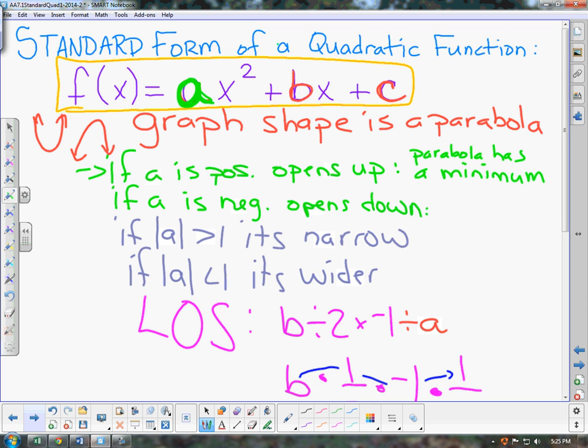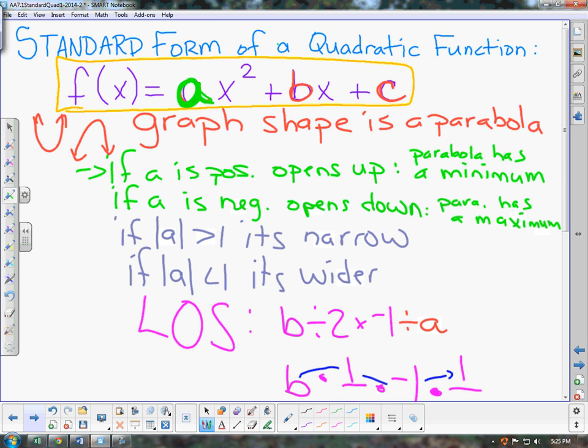And if the graph opens down, the parabola has a maximum. The value of a also tells you how wide or narrow it is. The bigger the number, the more narrow it gets.